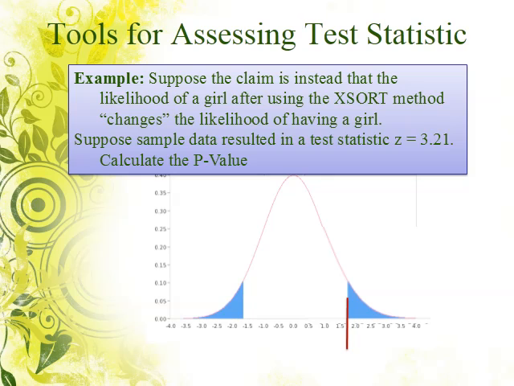So we're looking at this two-tailed test, and what we want to do is calculate the value to the right of our test statistic 3.21. That'll be our p-value, except since it's a two-tailed test, we also have to calculate the probability that our test statistic would fall this far out to the left.